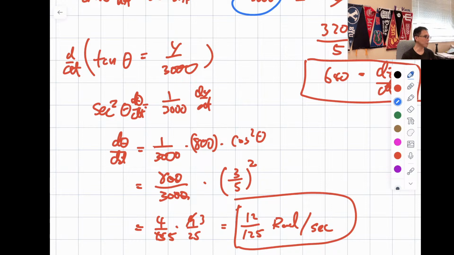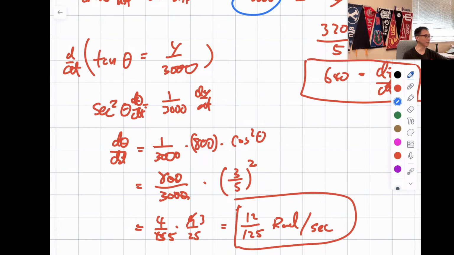Some people say, I think Baden came and asked me, so it's about 5 degrees every second. Huh? Because 12 over 125 is roughly 1/10. Let's think about 12 over 120 is 1/10. Would you prefer to use decimal, or would you prefer to use fraction? I definitely like fraction because most answer choices on the AP exam are fractions.